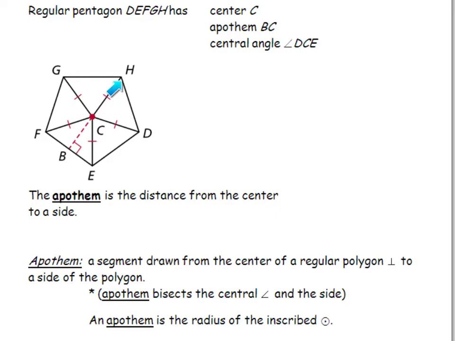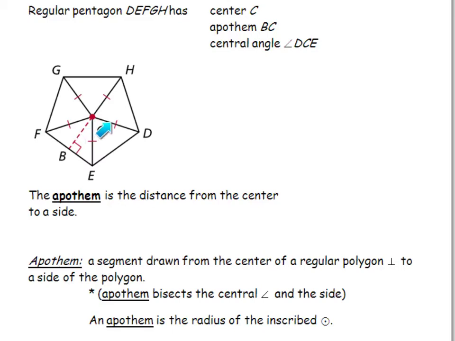All of those are central angles, and you notice we've got 5 of those central angles. Now we find the central angles by taking 360 degrees and dividing by the number of sides. So in this case, each angle I would be working with would be 72 degrees.